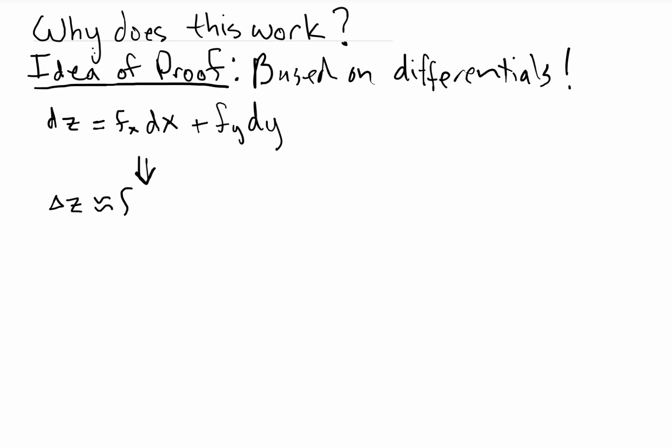My delta z is very roughly going to be your x partial times delta x plus your y partial times delta y. I haven't really changed anything here. I've just shifted from my differential symbols to these true change in each variable symbols.